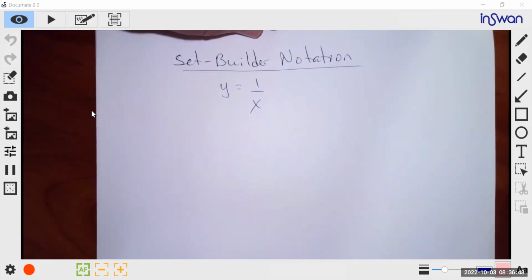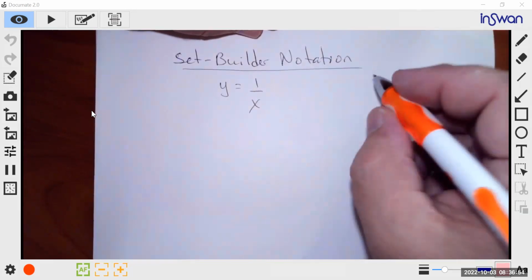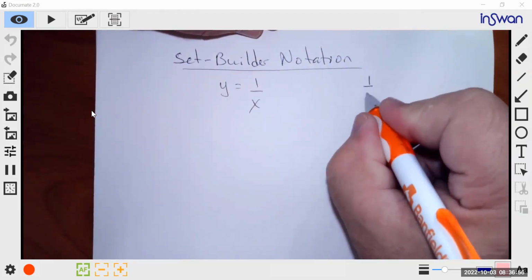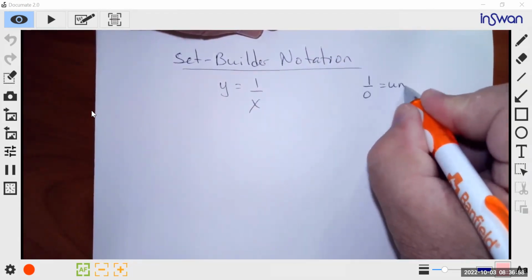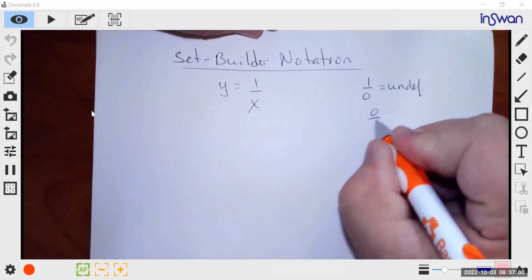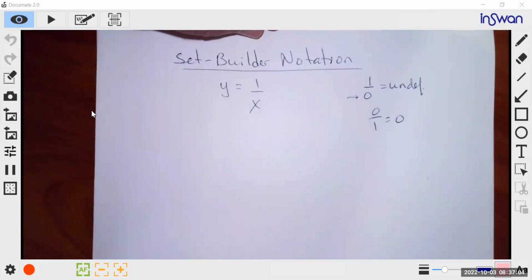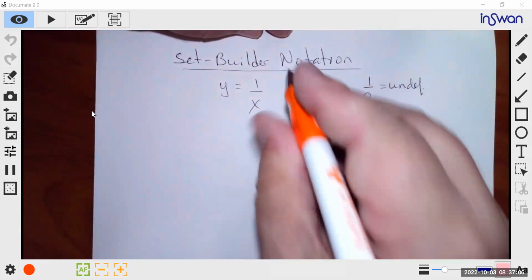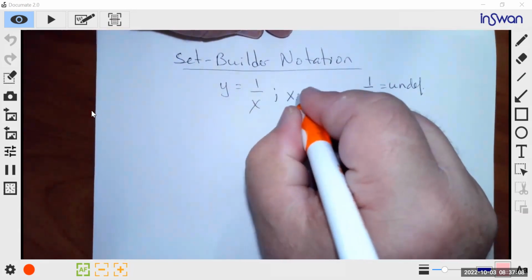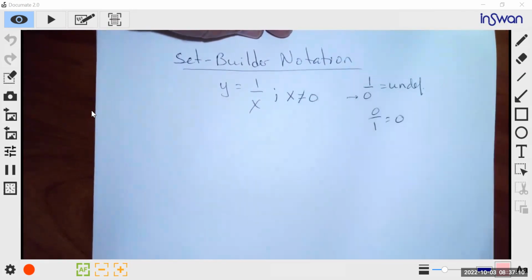What can you not have on the bottom? You cannot have a 0 in the bottom. So the only restriction we have here is x cannot equal 0.